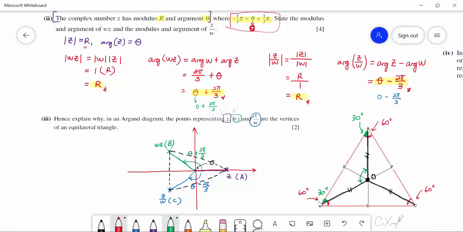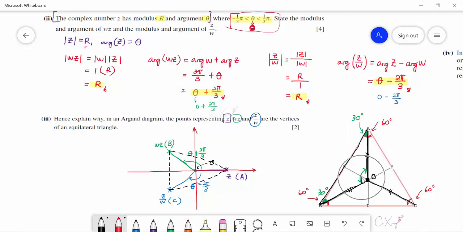For one small triangle, maybe I will emphasize it using black color. Looking at this small black triangle, you know it is an isosceles triangle, and both angles at the sides are 30 and 30.